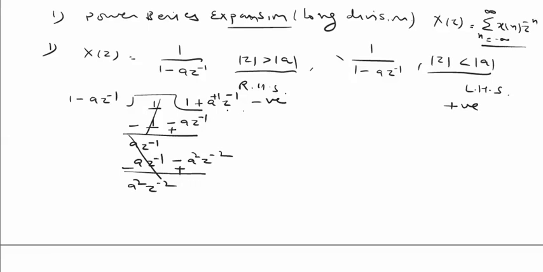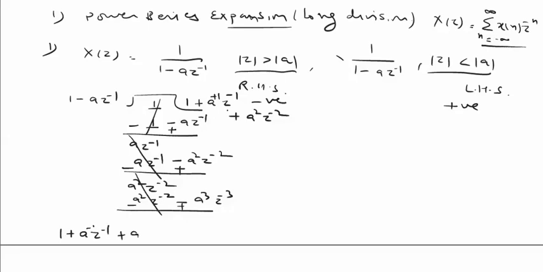Now again we took the next term a square z inverse square, next term a cube z inverse cube. In this way, this is an increasing series available at the answer: 1 plus a z inverse plus a square z inverse square plus a cube z inverse cube and so on. It is an increasing progressive GP.